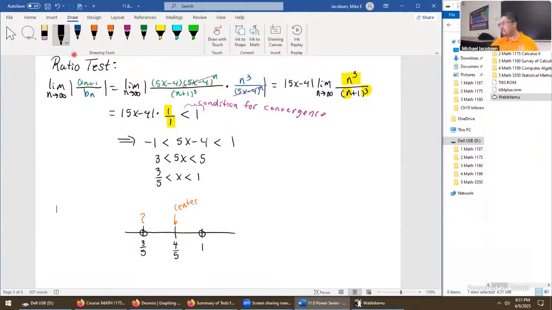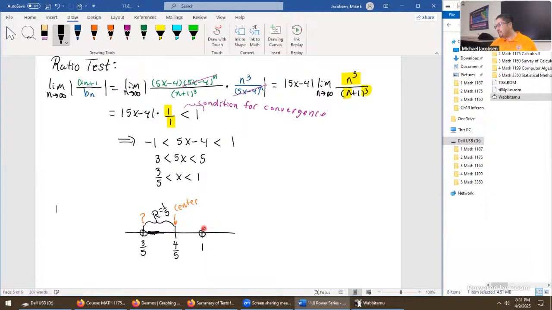Let's write it out. This distance is r, which is 1/5. Does that make sense to folks on finding that radius there? Okay, you might put a bracket to say from 4/5 to 5/5, which is 1, also a radius of 1/5.